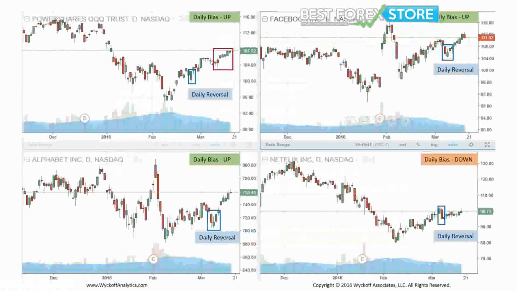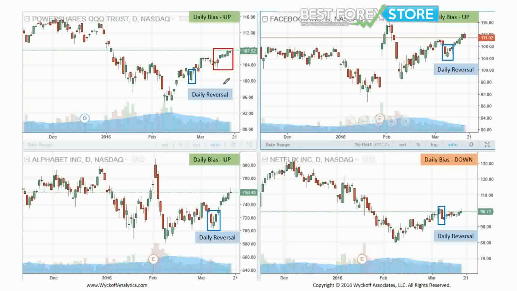So let's look at this. The first thing that you're still going to do is look at the daily bias. Here are the daily charts for all 4 instruments, and all of the trades that we're going to look at are going to be in this area right here.